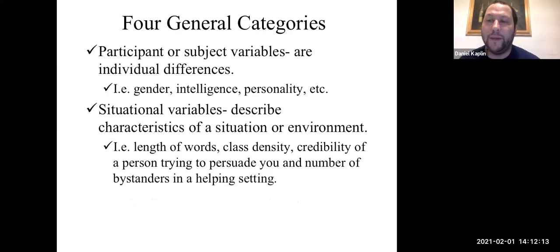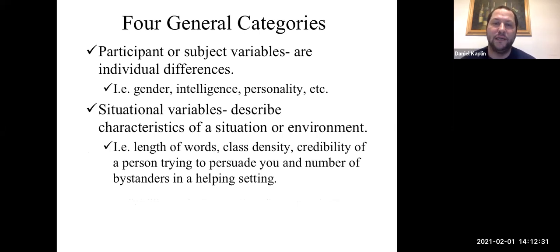So let's talk about the four general categories of variables. One category is a participant or subject variable. These are individual differences that our participants bring into the study with them.